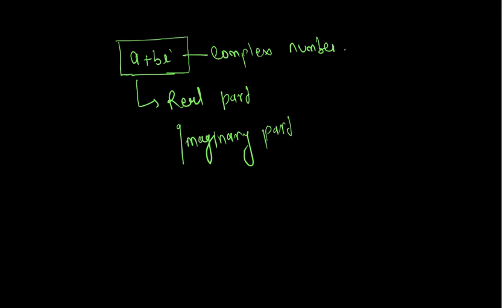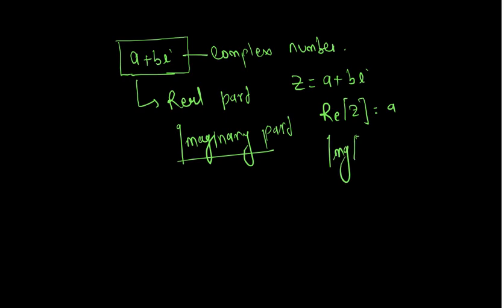If I represent z equals a plus bi, then I will say the real part of z is a and the imaginary part of z is b.